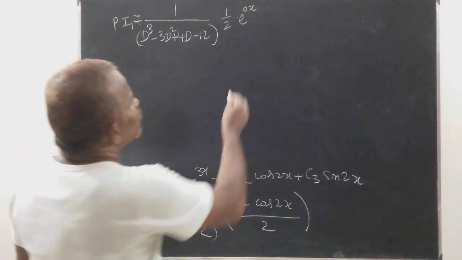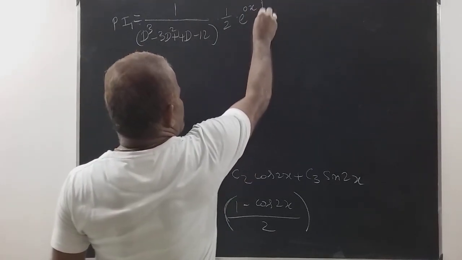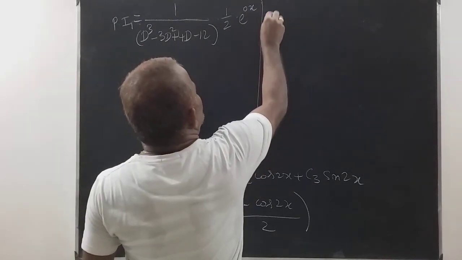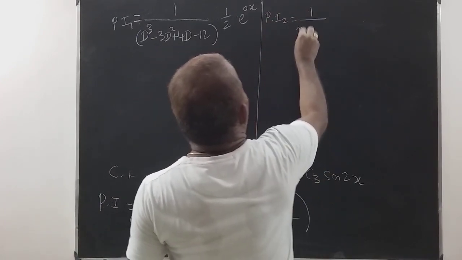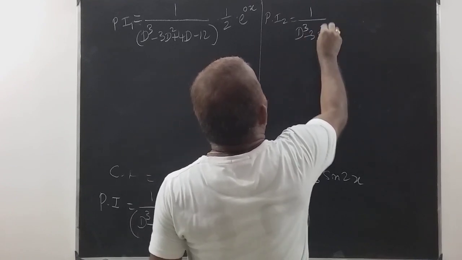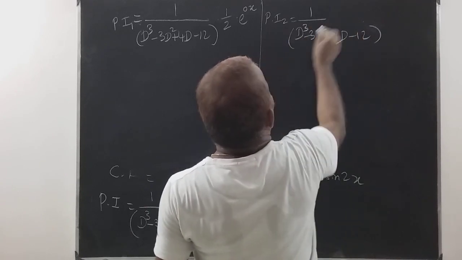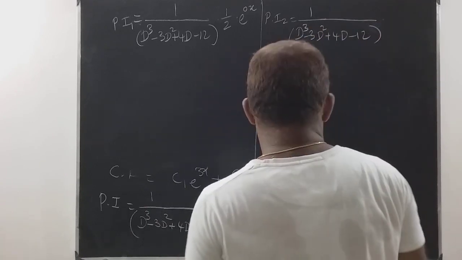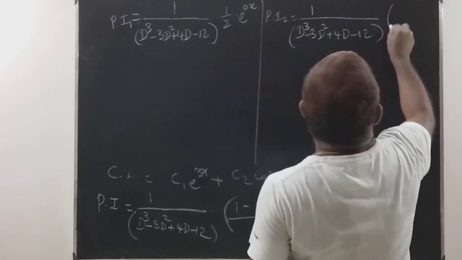Okay. And particular integral 2 is again 1 by D cubed minus 3D squared plus 4D minus 12, into minus 1 by 2 cos 2x.